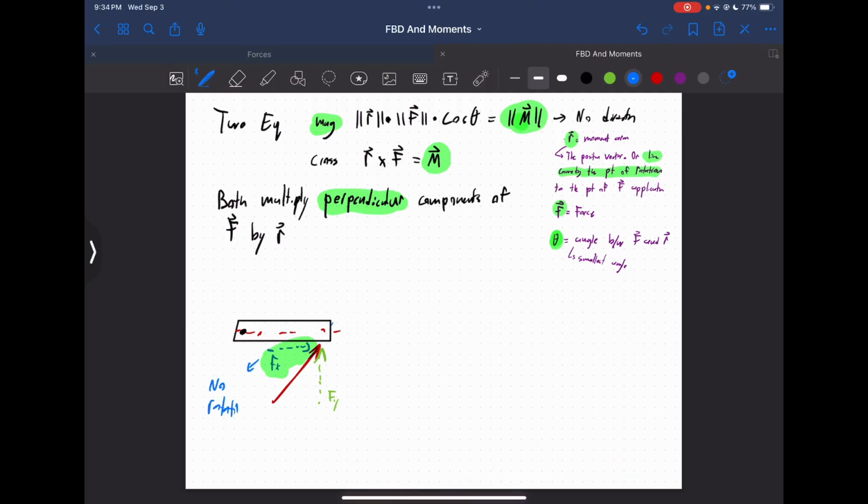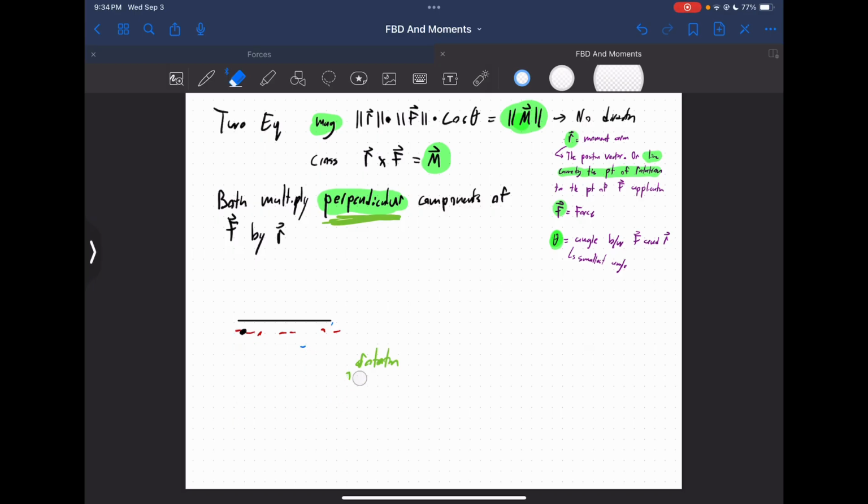It is only Y. So it is only the perpendicular components that cause something to rotate, right? That should make sense. If I hit something in line with that axis, with that point of rotation, it's not going to rotate. It has to be something along perpendicular. So you may be saying, well, how does that make sense?